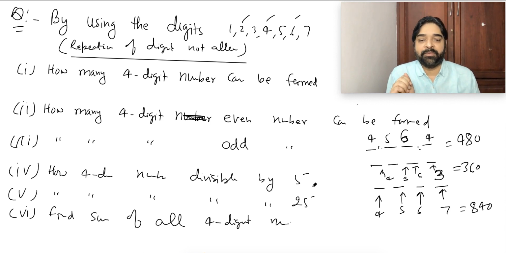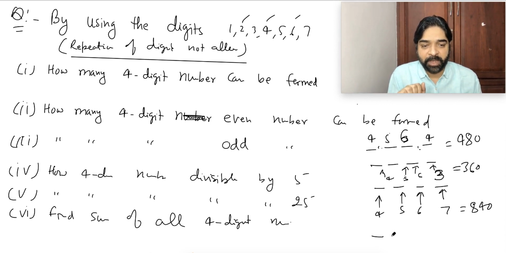A number is divisible by 5 if the last place is either 0 or 5. Am I right or not? So this place should be divisible by 5. 1 should not come, 2, 3, 4 should not come, 5 yes can come, 6 cannot, 7 cannot. So this place can be filled in only one way.